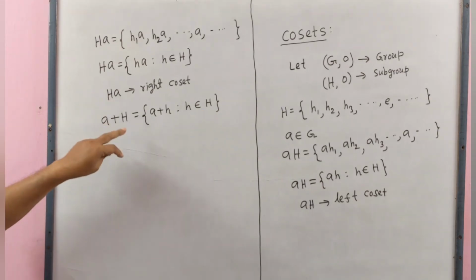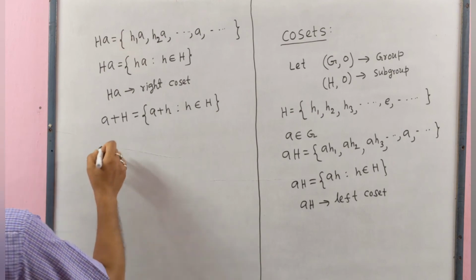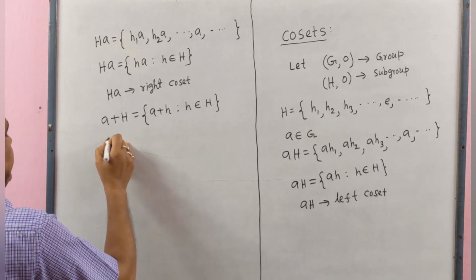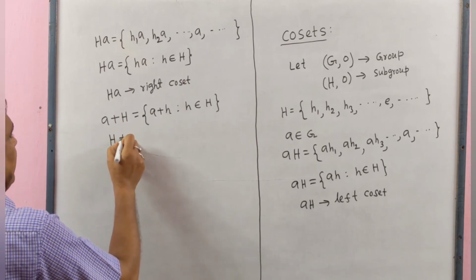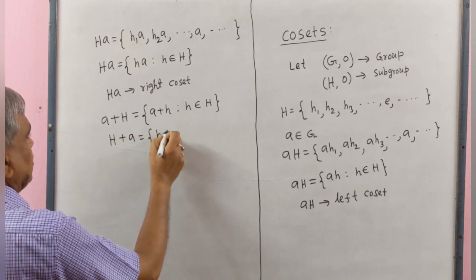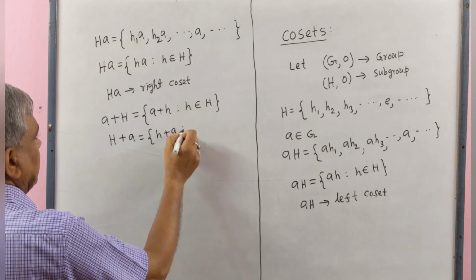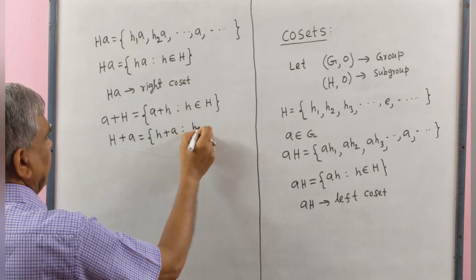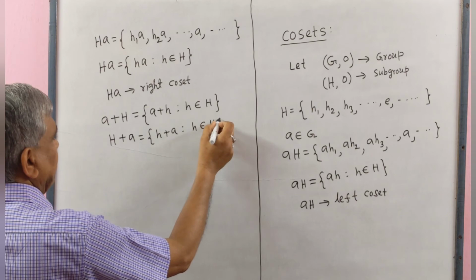And for the right coset, in the case of binary operation addition, we write H plus A equal to small h plus A, small h belongs to capital H.